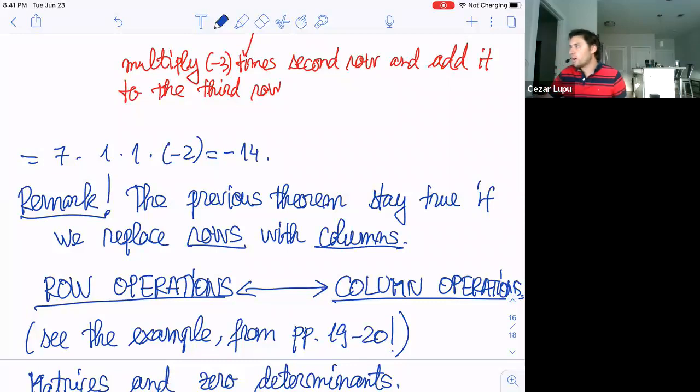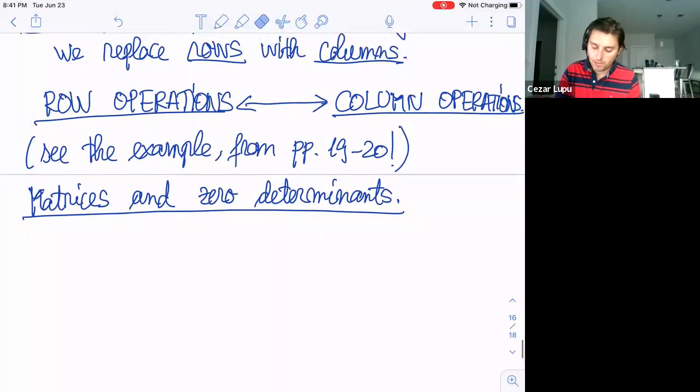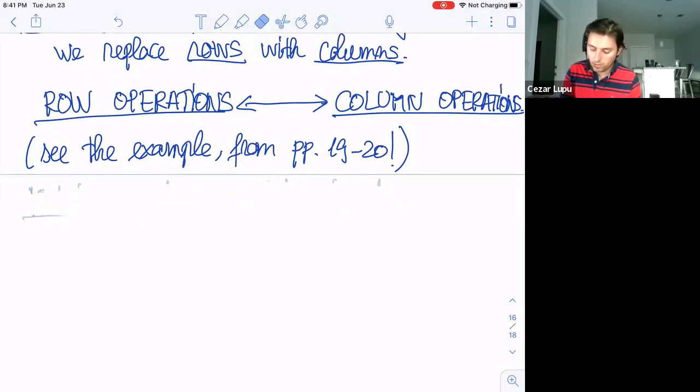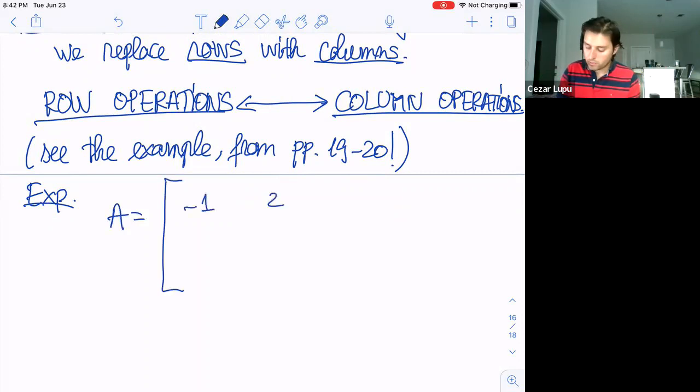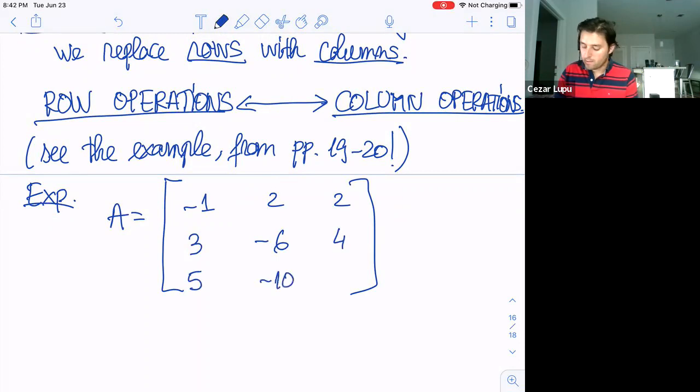You see that the first two columns are multiples of each other? If you look at the first two columns, right? In fact, let me write the matrix. Since you asked, why not? So the example: we want to find the determinant. Let's consider this matrix: -1, 2, 2, 3, -6 and 4, 5, -10 and -3.